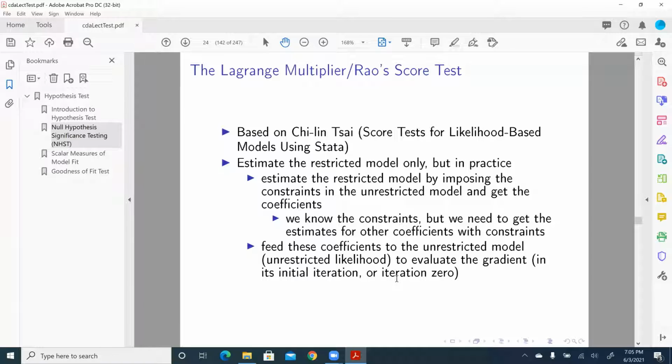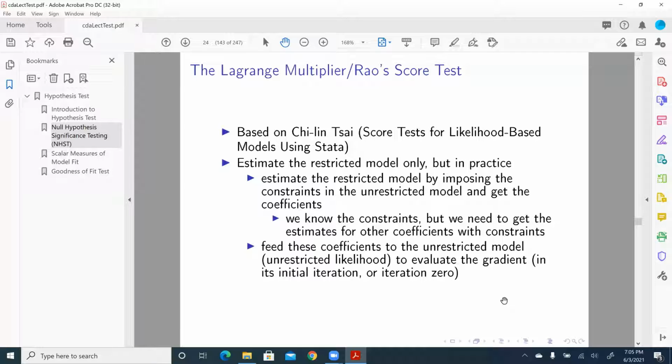Then we feed these coefficients to the unrestricted model, the unrestricted likelihood, to evaluate the gradient. So it's going to be at its initial iteration, or iteration 0.